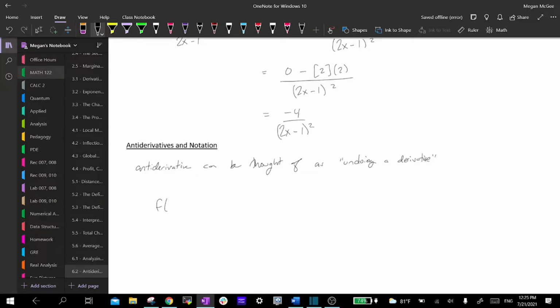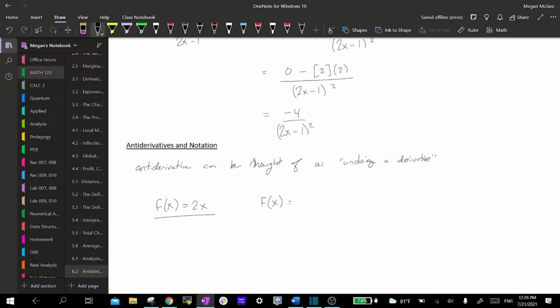lowercase f of x is equal to 2x, I want to come up with an antiderivative, capital F of x. I want to think of a function whose derivative is 2x.